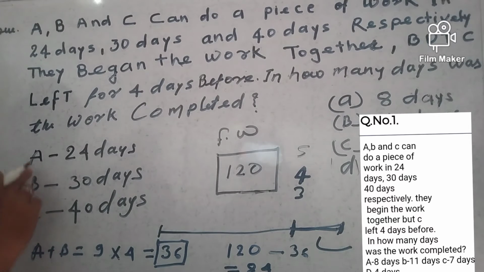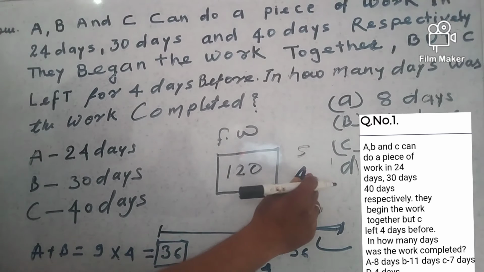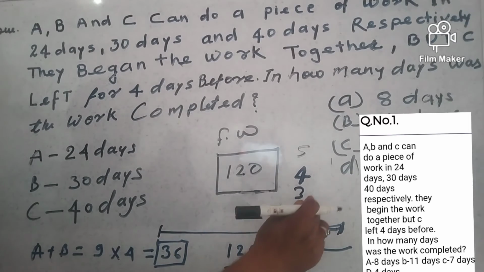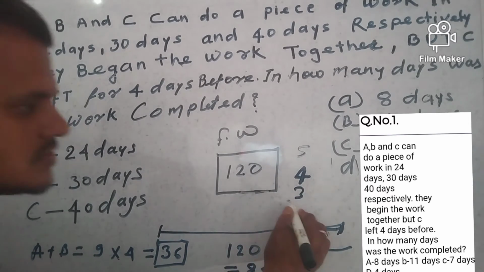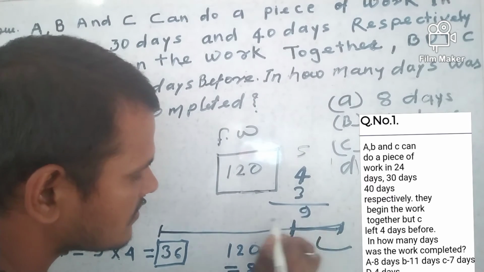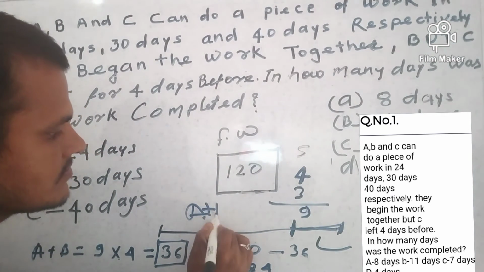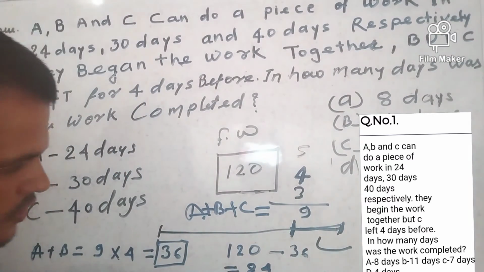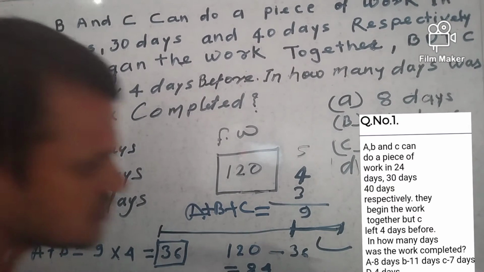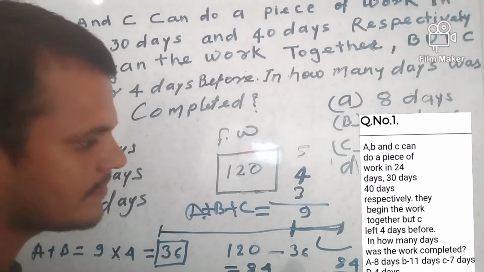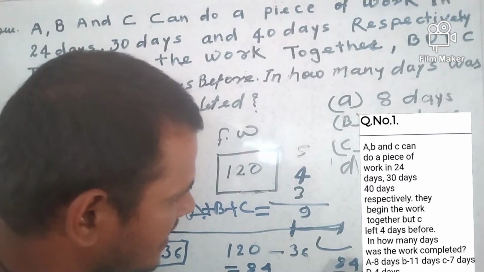Now A plus B plus C will do it. A's efficiency is 5, B's efficiency is 4 and C's efficiency is 3. So total 5 plus 4 plus 3, A plus B plus C will do 9 work in a single day. The remaining work is 84, so he will complete it in 84 divided by 9.